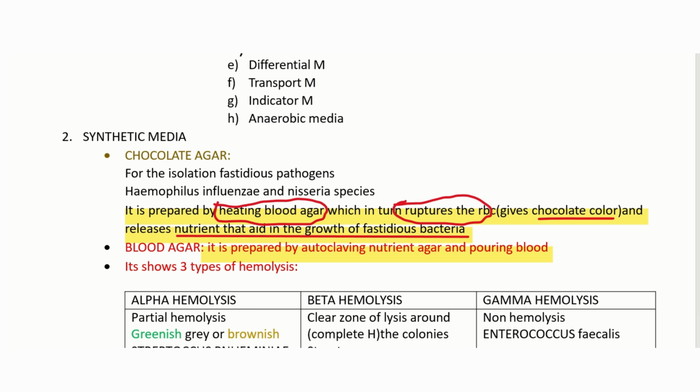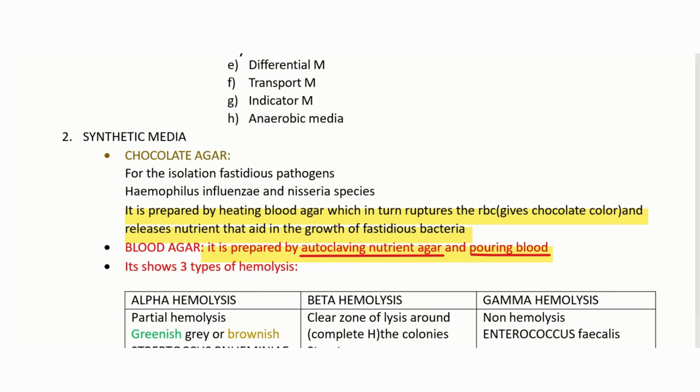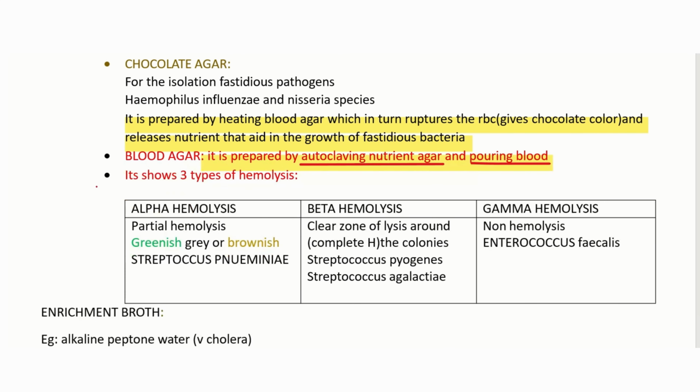The next is blood agar. It is prepared by autoclaving nutrient agar first and then pouring blood into it. Okay. So this one is important.